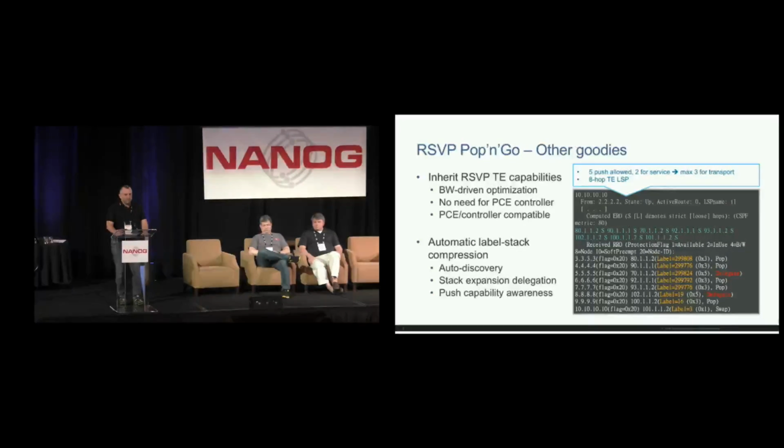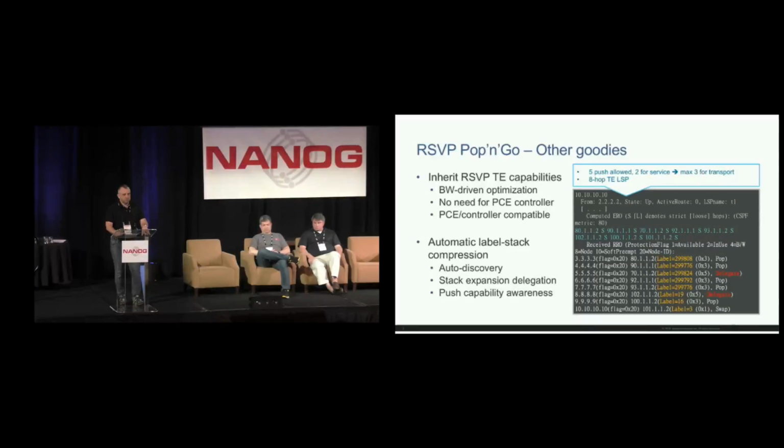The other very important problem which this RSVP Pop and Go extension solves is the delegation of label stack compression. If you were at Ron's talk yesterday or on Monday, you realize that the label stack could be deep, and that's a problem because of the MTU as well as hardware support.